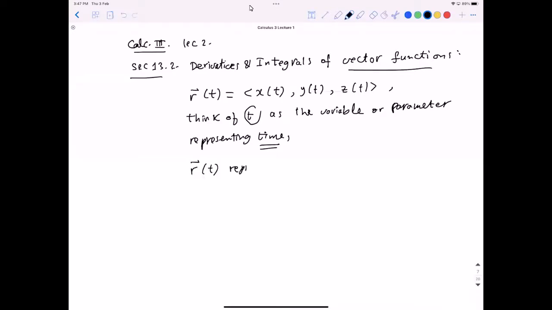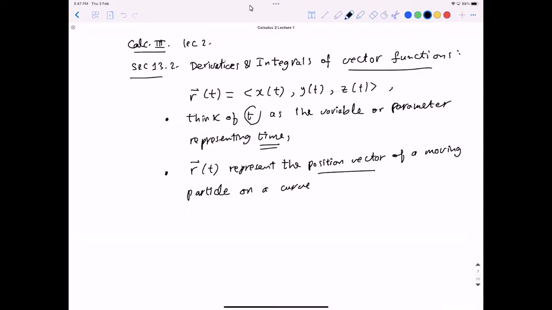You can remind us. The position vector of a moving particle on a curve in space, on a curve in 2D or 3D space.